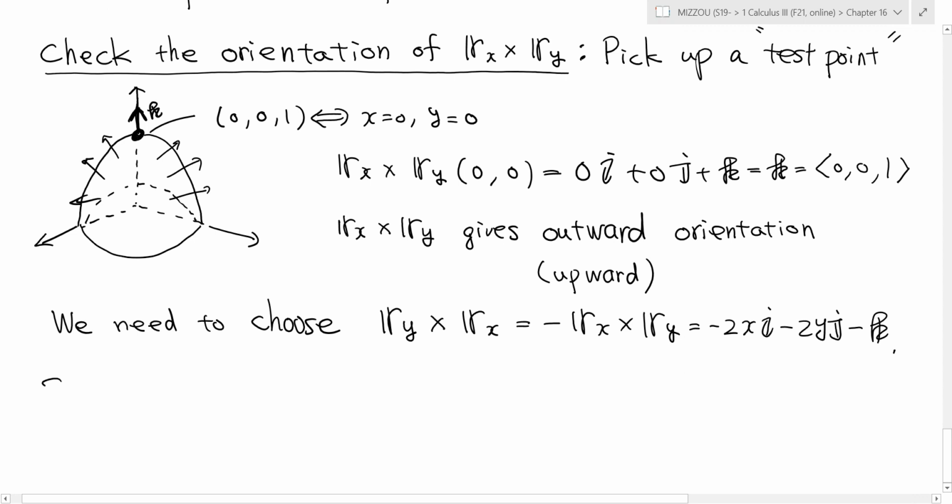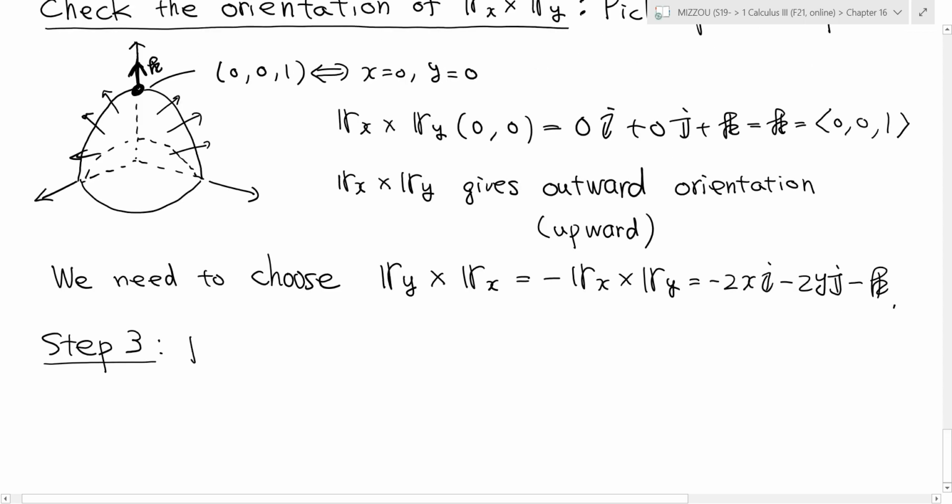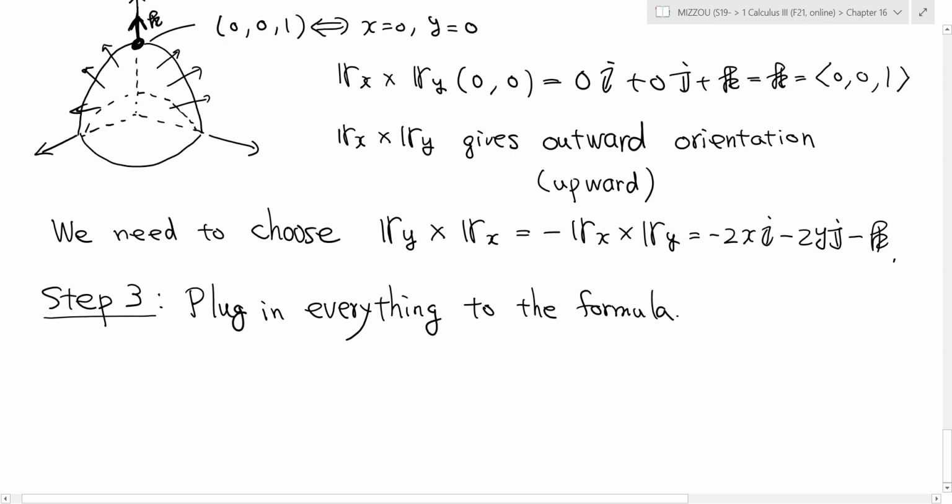And then finally, step 3, plug in everything to the formula. So, like how? Like this.